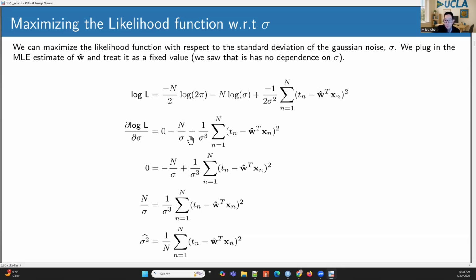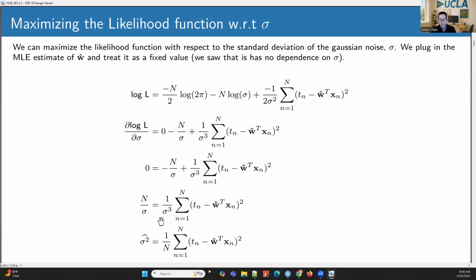We are going to set our derivative equal to 0 and then solve for sigma. I'll add n over sigma to both sides. We get n over sigma is equal to 1 over sigma cubed times this sum. Multiply both sides by sigma cubed, and on the left we get sigma squared.